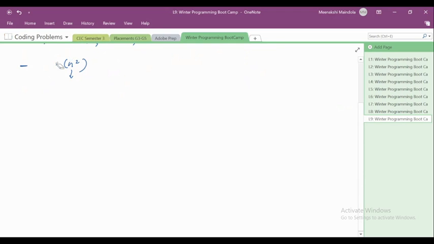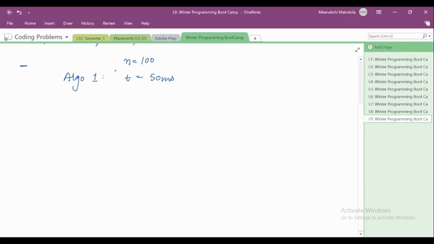Similarly, let us say it has been given to you that there is this first algorithm, which is going to work on n equal to 100, and it is going to take 50 milliseconds.